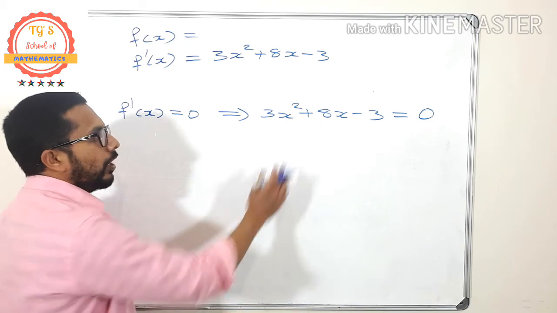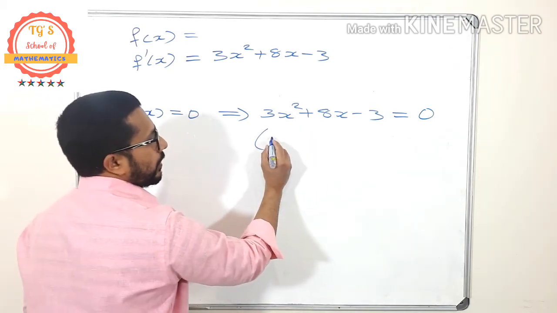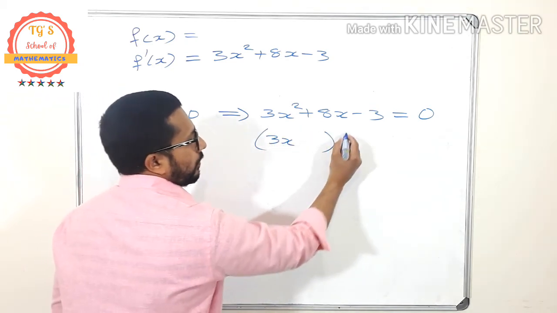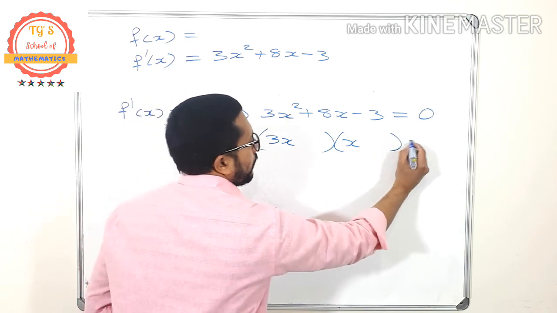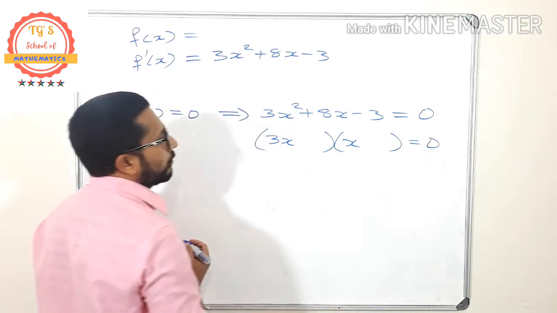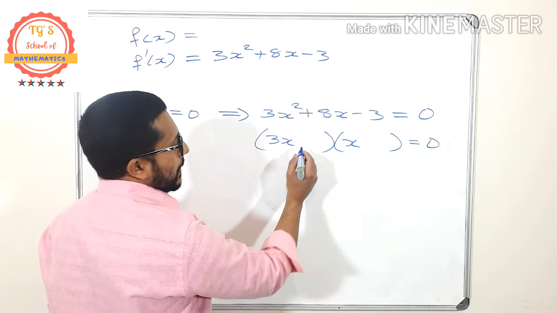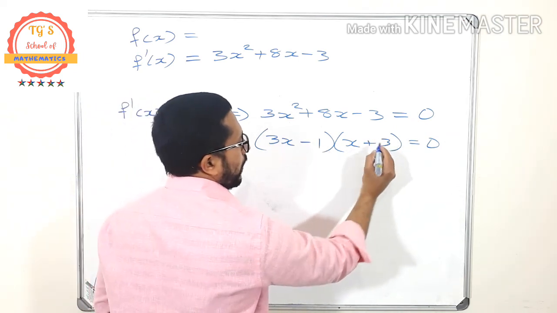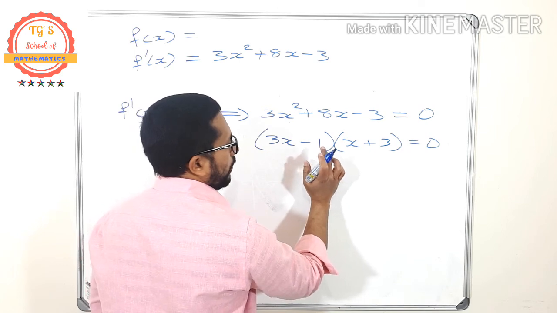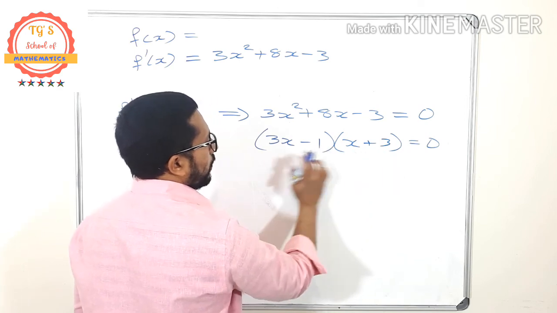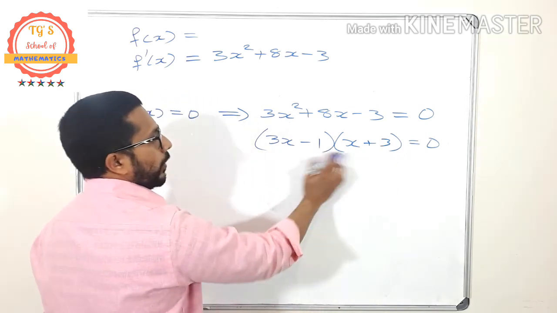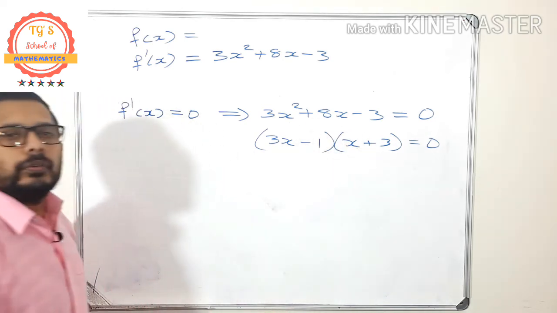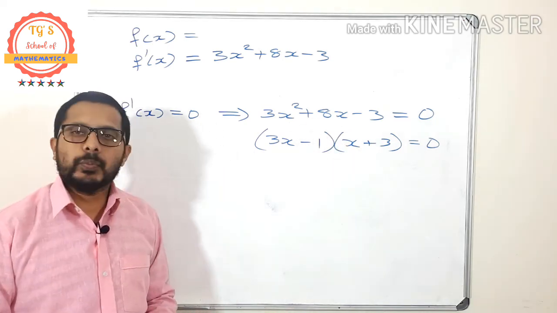Now you have to factorize this one. What are the factors? 3x, x, is equal to 0. What are the factors, guys? Minus 1 and plus 3. Am I right? Minus 1 into 3 is minus 3, and 3 times 3 is 9x, minus x is 8x. So the factors are 3x minus 1 and x plus 3.